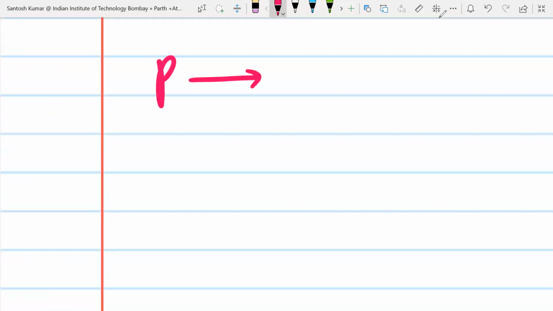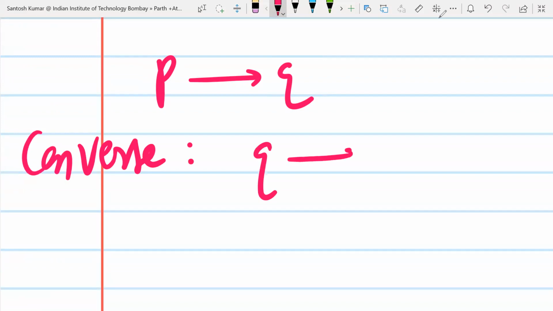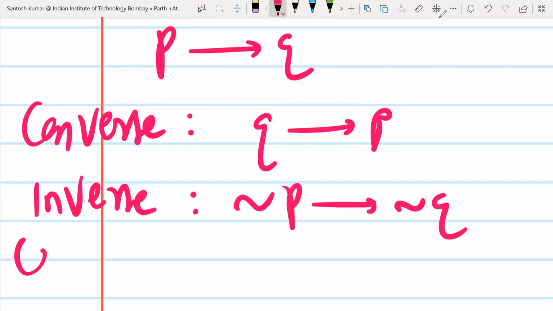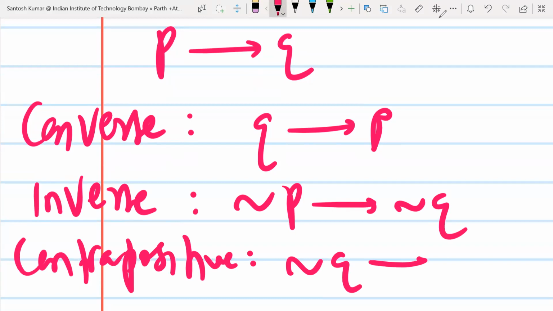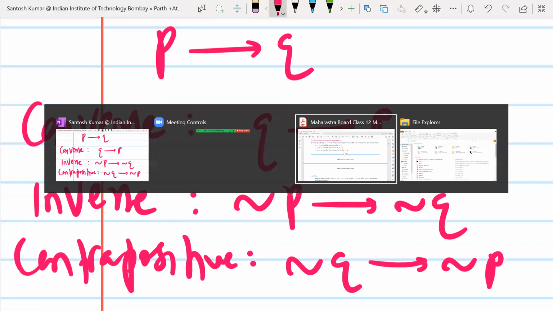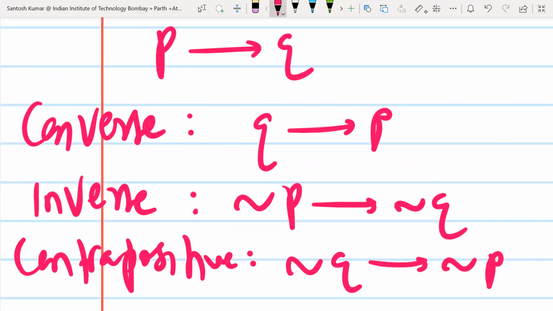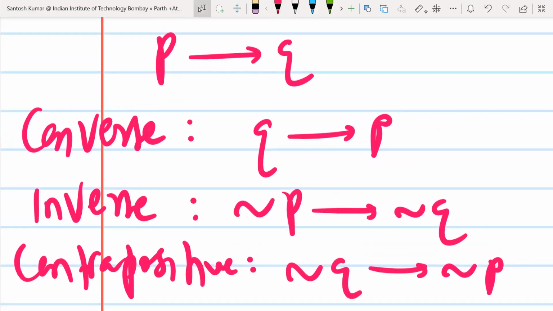Converse is Q implies P, inverse is not P implies not Q, and contrapositive is not Q implies not P.